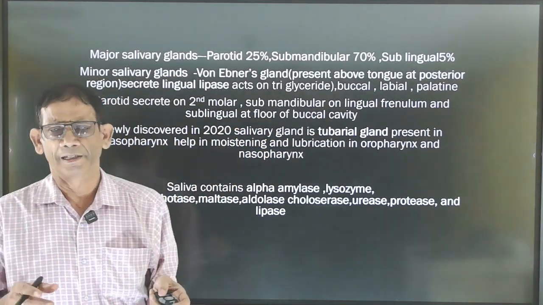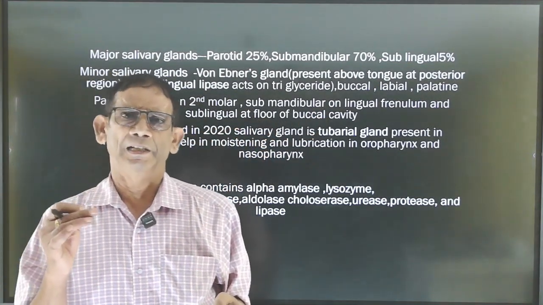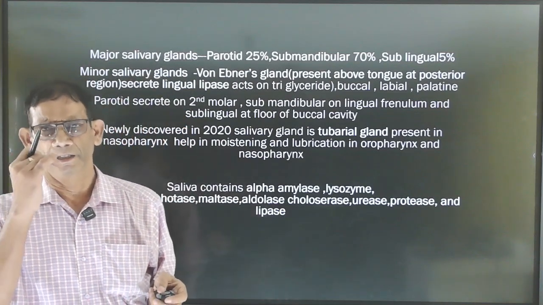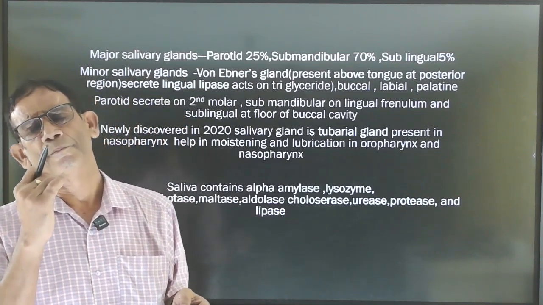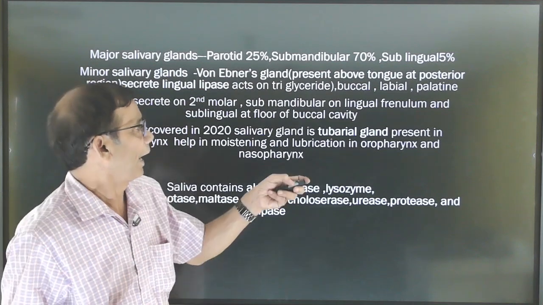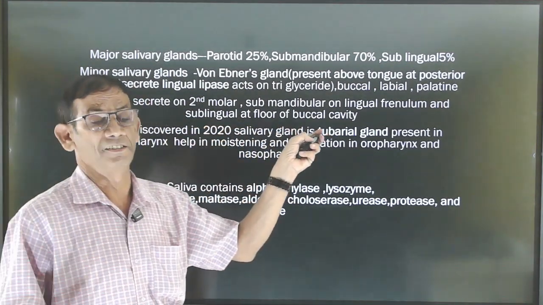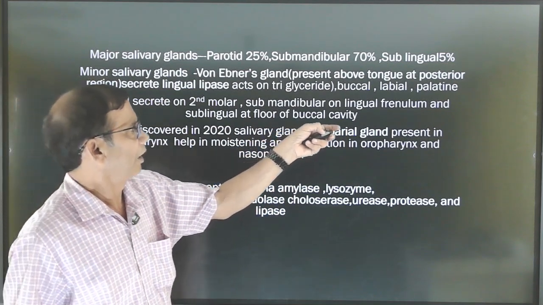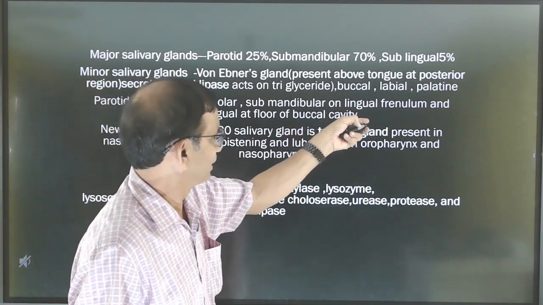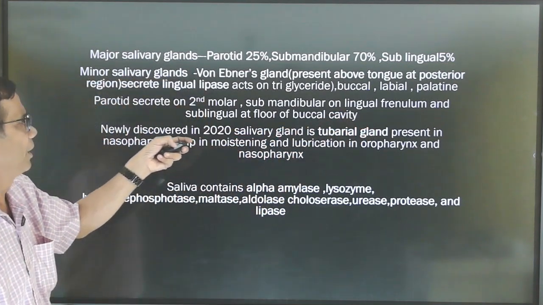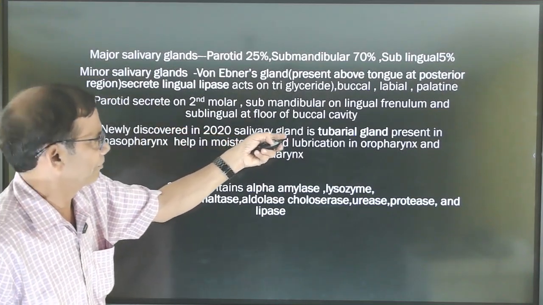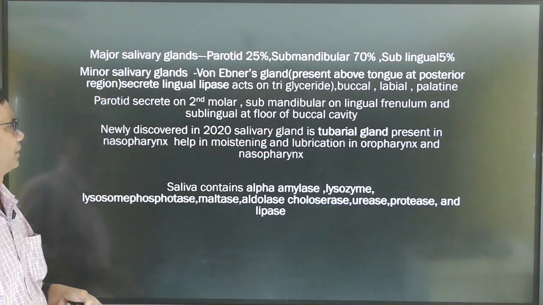The parotid gland secretes its saliva just below the second molar teeth, and the submandibular gland secretes its saliva just below the lingual frenulum, and the sublingual gland at the floor of the buccal cavity.